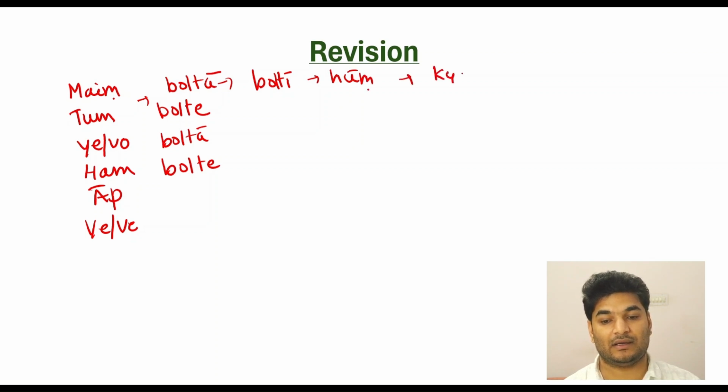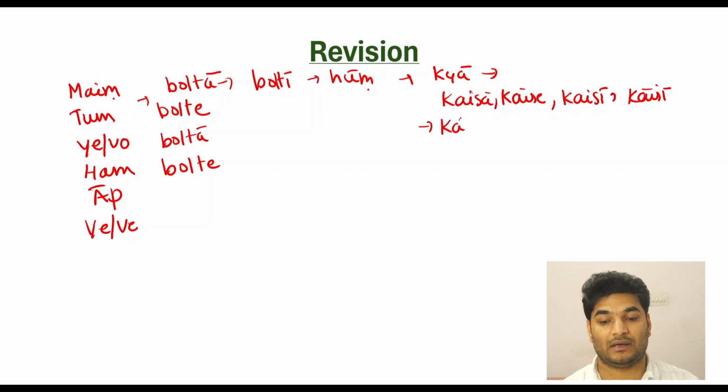We saw kya, how it is used in middle of sentence before a verb. Kaisa, how, masculine. Kaise, plural. Kaisi, how, feminine, singular and plural both. Then we saw kahan is where.